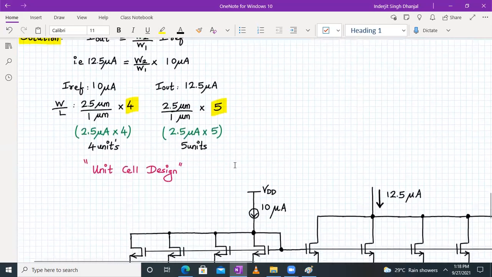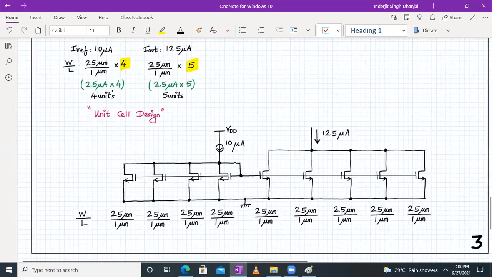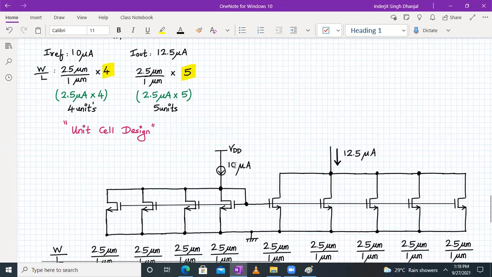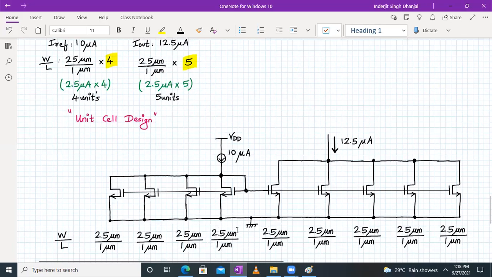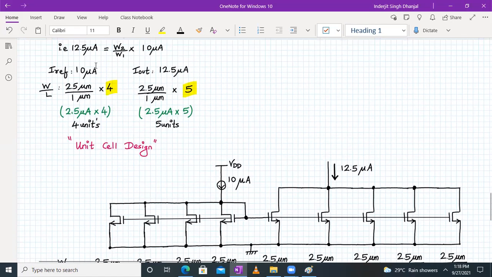So now let's look into the implementation. On the I reference side, we require 4 units of these transistors. So we require 4 NMOS transistors connected on this side, with W by L as 2.5 micrometer divided by 1 micrometer, all of them. And we know why we require 4 of them, because the relation between I out and I reference is now a fraction.